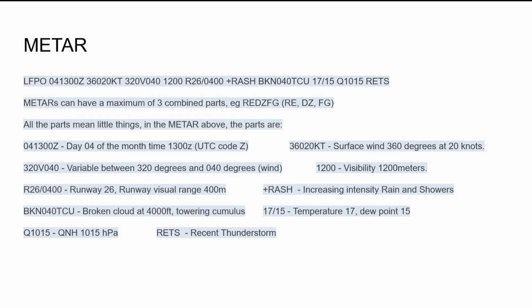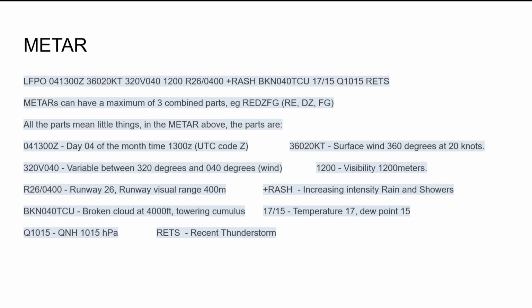It's out of 8 octas. So if you take a look at the sky, a little mirror, and if you look up, if that is completely grey, full of clouds, that is overcast. If you can see gaps, that could be broken. If you can see more gaps, that could be scattered, and just a few tiny clouds, that is few.